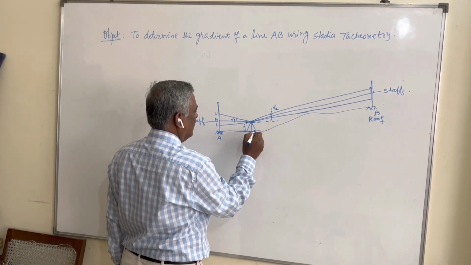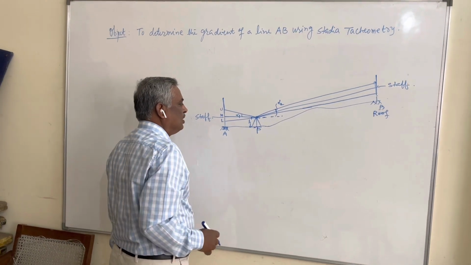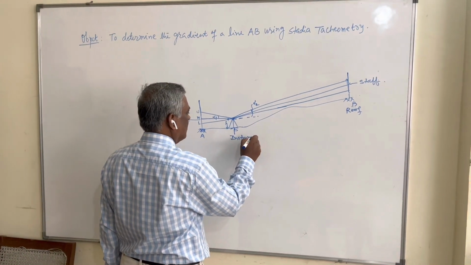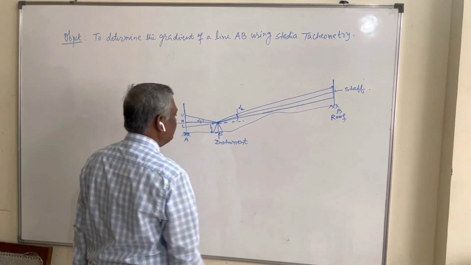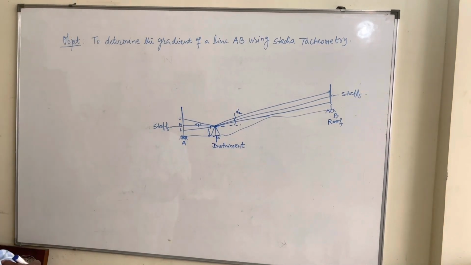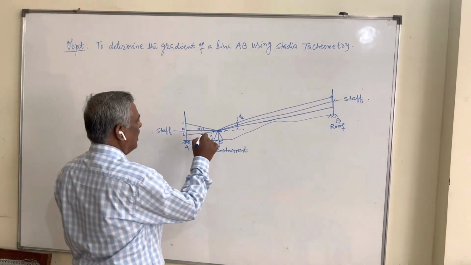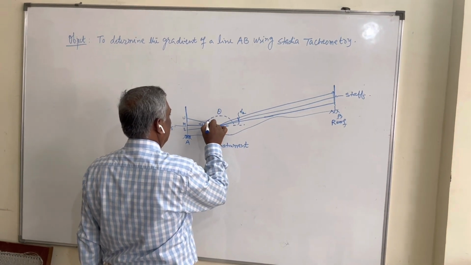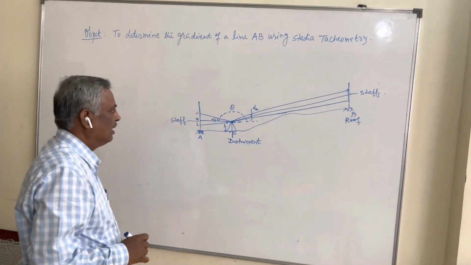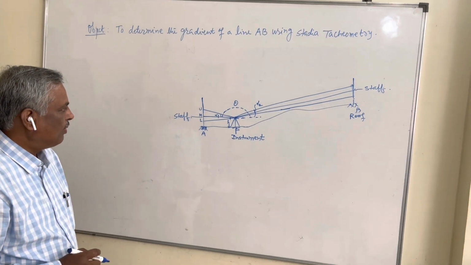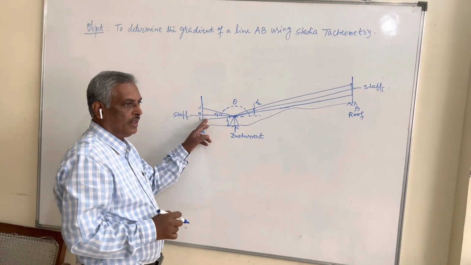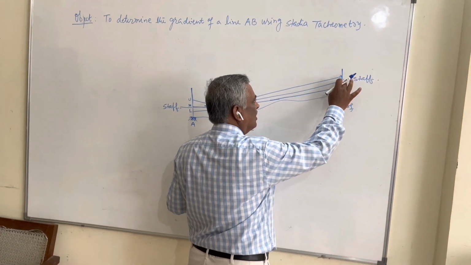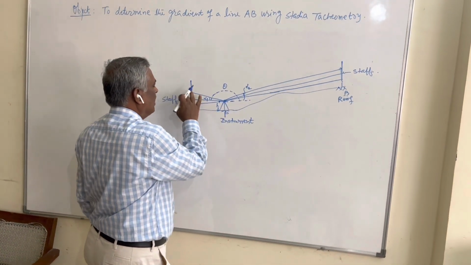This is the instrument position. Now the horizontal angle between this and this is say theta. So we have recorded here the line of sight is horizontal, here the line of sight is inclined. We have recorded 3 readings, here also, here also.